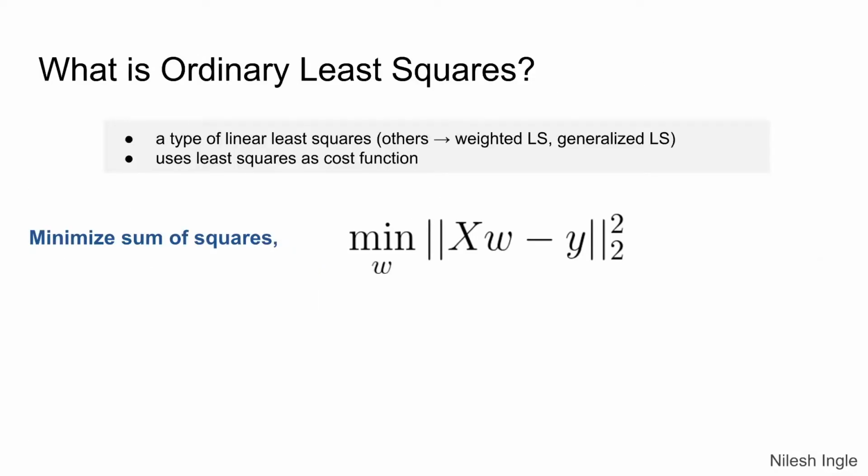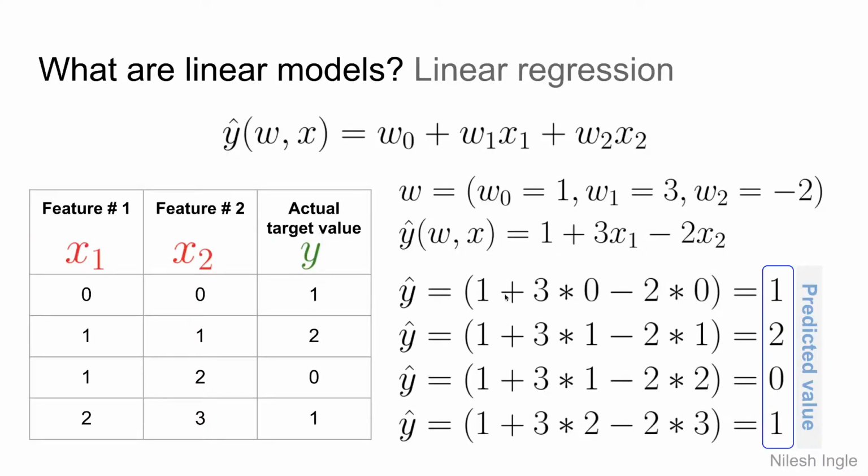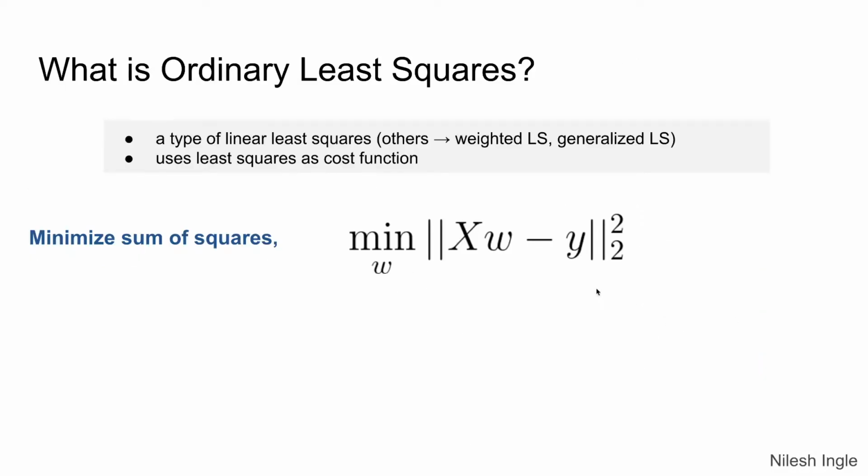So that difference, what ordinary least squares does is it tries to minimize the difference between the predicted value and the actual value. And to do that, it uses the least squares cost function, which is the equation that is shown here. The double lines just mean that it's in matrix form, and we are minimizing w in this case.